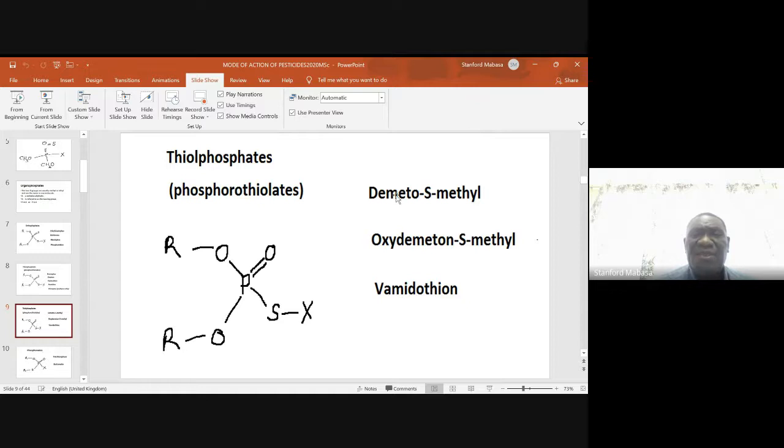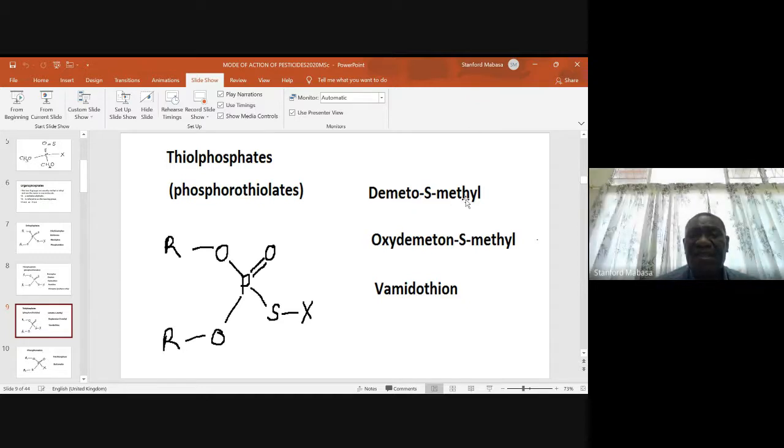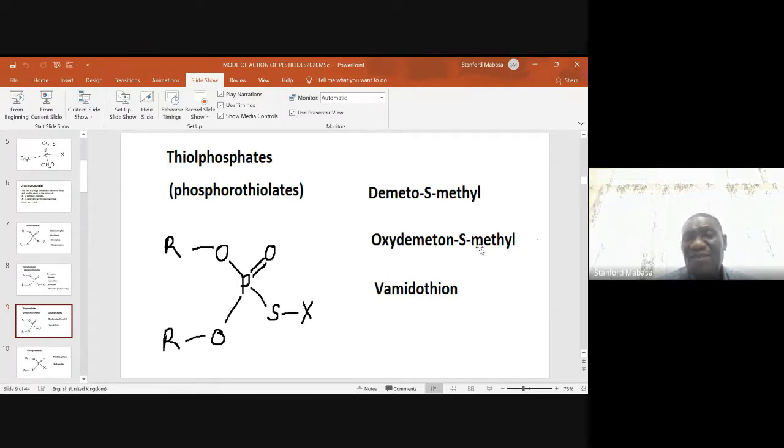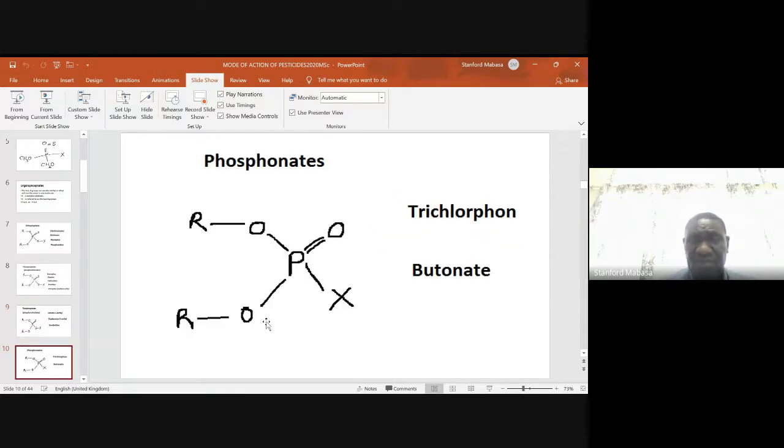Some of the examples are demeton-S-methyl, oxydemeton-methyl, and vamidothion. It's because of this S. And this group, which has the leaving group just attached to the phosphorus.